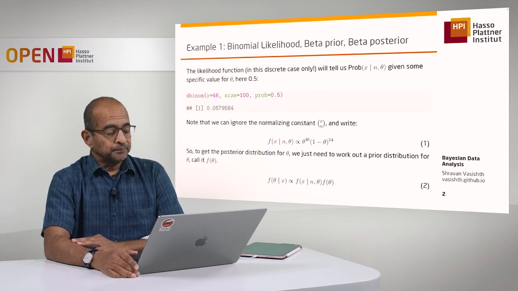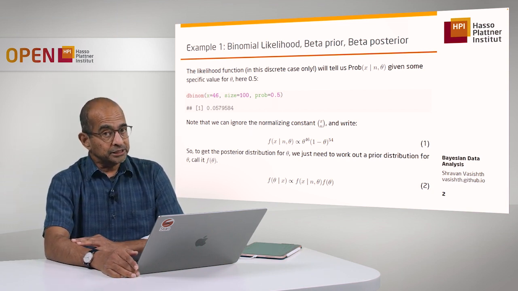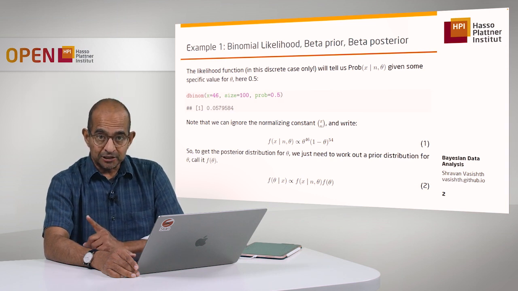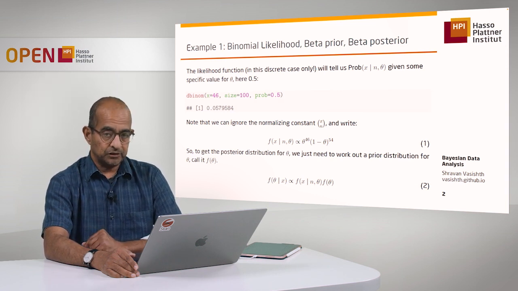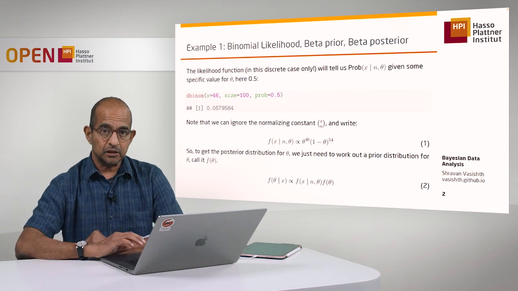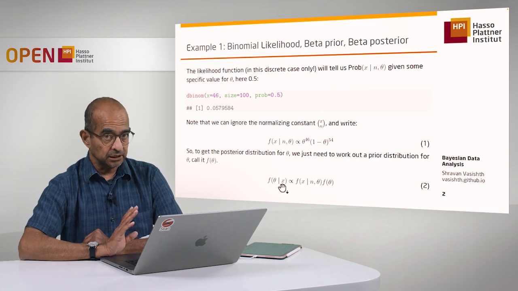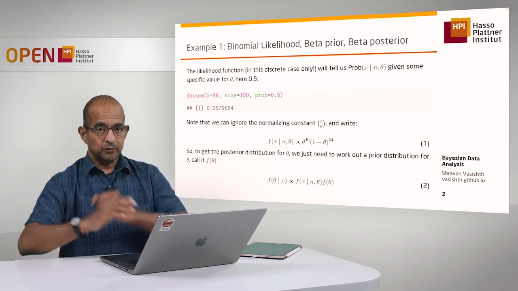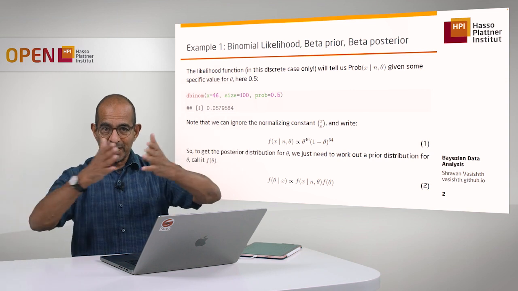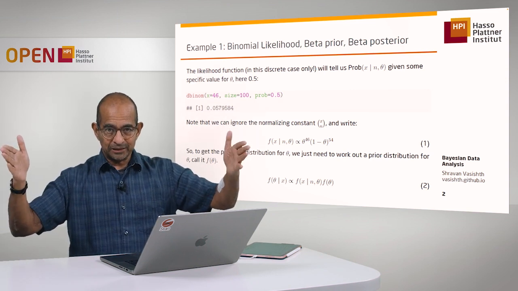Okay, so our goal is to get the posterior distribution of the parameter theta given the data that we have, given the 46 successes out of 100. So formally what we need is the posterior distribution of theta, which will be a continuous distribution with a support 0 to 1. Why 0 to 1? Because it's a probability we are talking about.